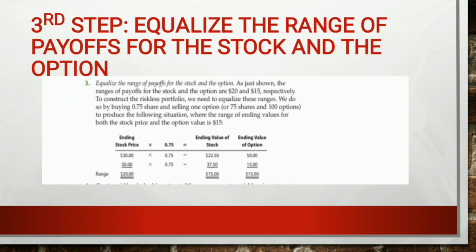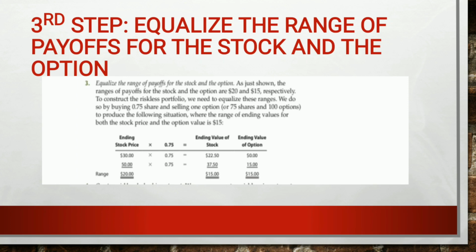Here we have the ending stock price. We multiply it by 0.75 share, and then we have an ending value of stock of 22.50, and the same goes for the $50 multiplied by 0.75, which equals 37.50. We have an ending value of option for the $30 of 0, as shown in the second step, and then the ending option value for the $50, which is 15.